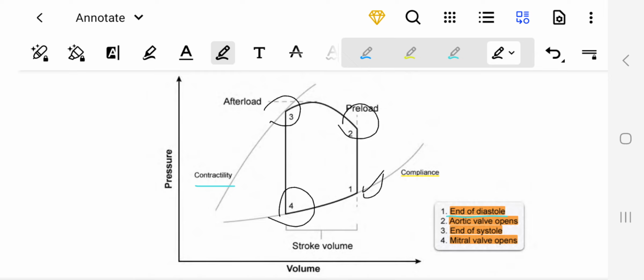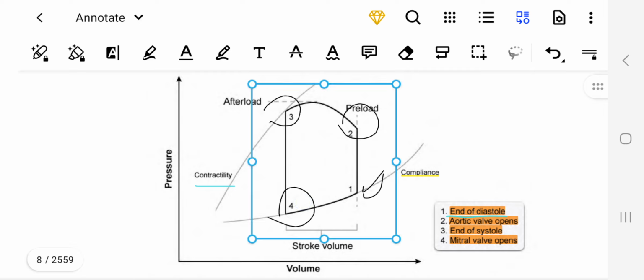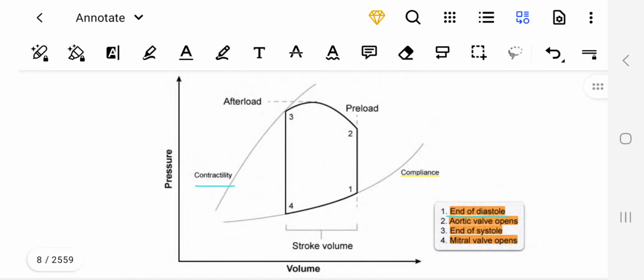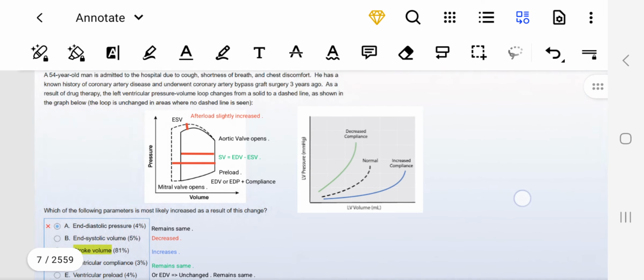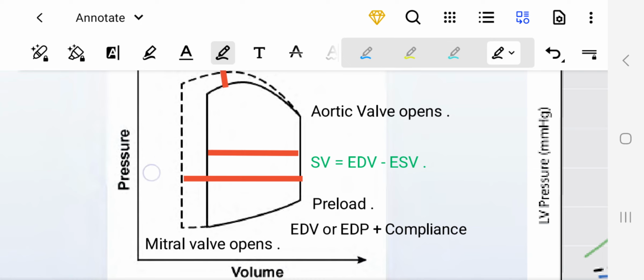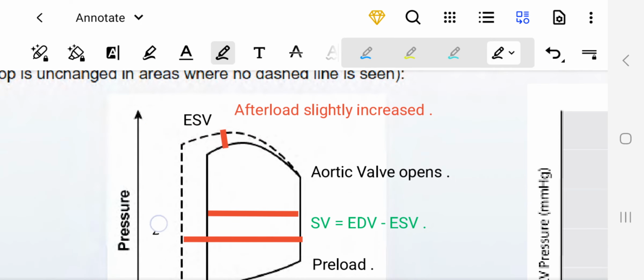One other thing they have mentioned is that this curve represents compliance, and this other curve represents contractility. In this graph, let's say the initial contractility was this, and now it is raised to this one, so contractility is increased.